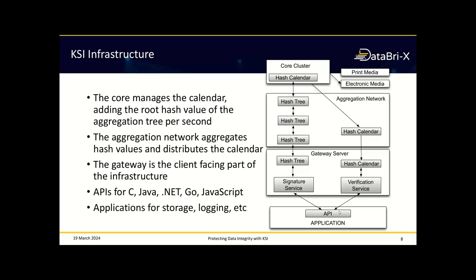And we also have libraries in Go and JavaScript available to be integrated into client applications. So this is for those clients who want to integrate KSI timestamps into their own information systems, into their own products or their own data management tools.